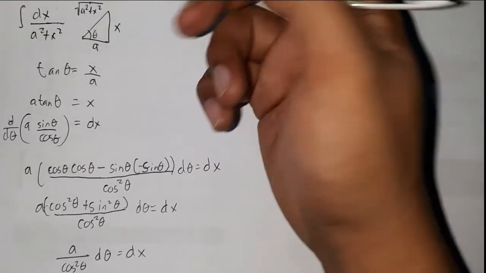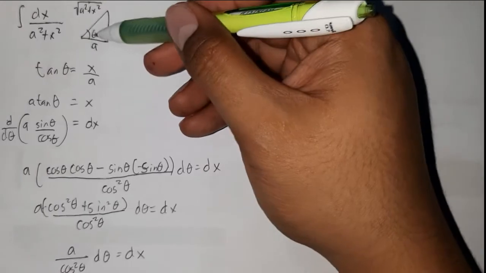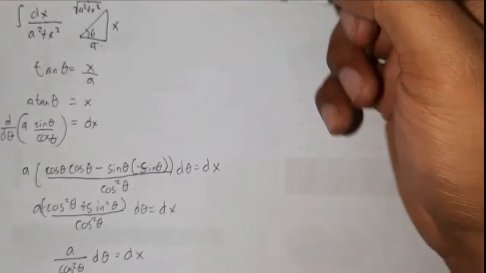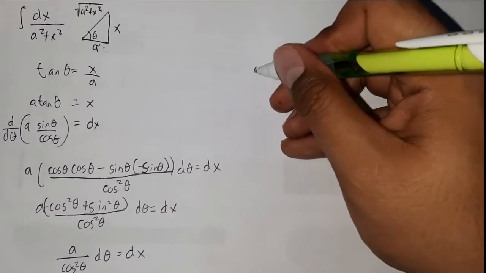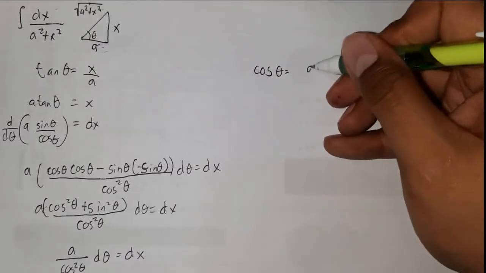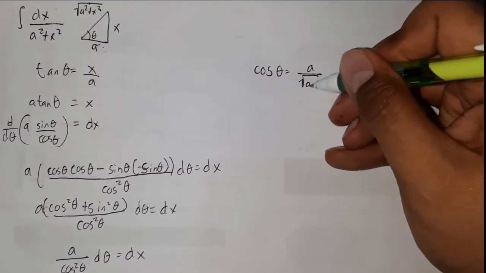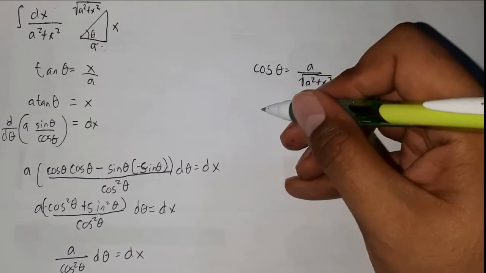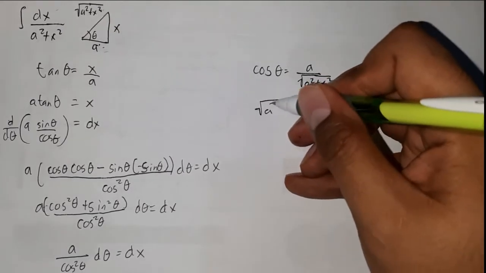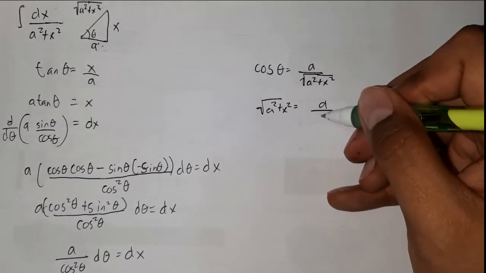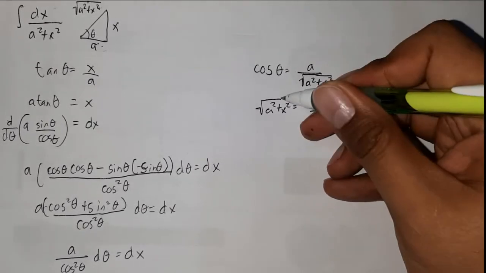Okay? Yan. So, pinakamadali is ito, tsaka over ito, which is cosine dapat. So, cosine theta equals a over square root of a squared plus x squared. So, pagpalitin natin to, square root of a squared plus x squared equals a over cosine theta.